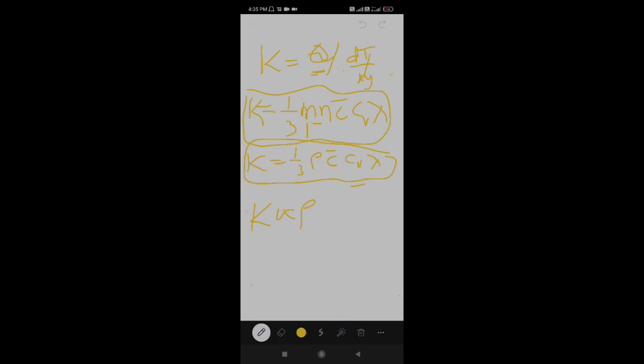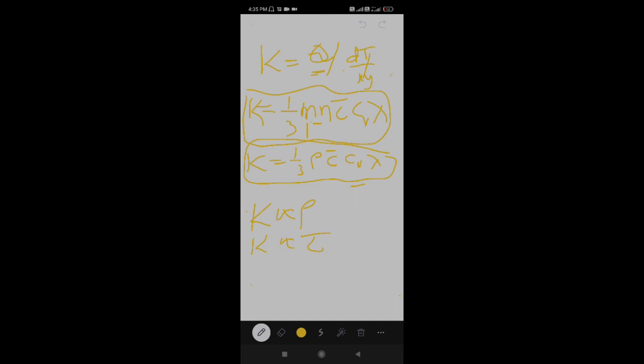Next, K is proportional to C bar, the average velocity. As the average velocity increases, thermal conductivity also increases, because temperature increases. Next, it is also proportional to the specific heat. It is also proportional to the mean free path.